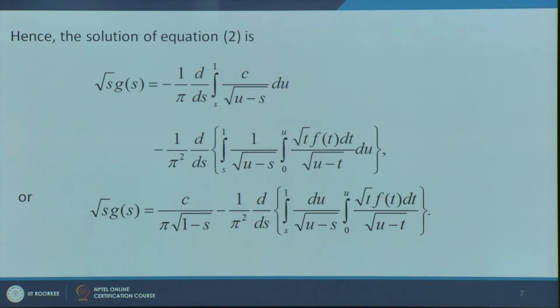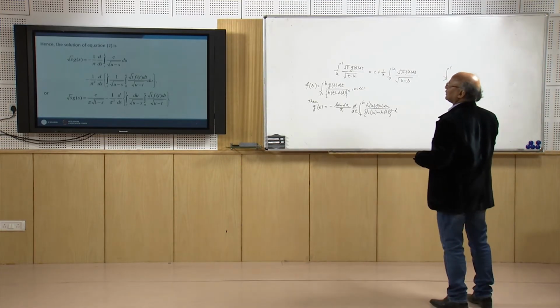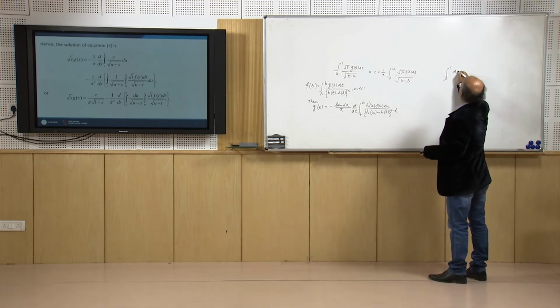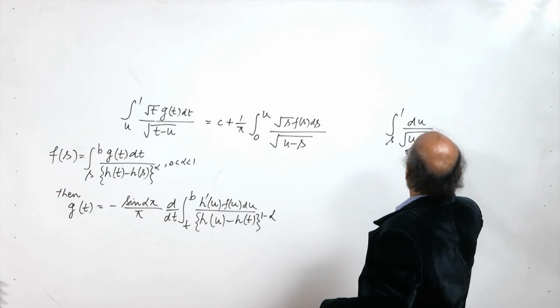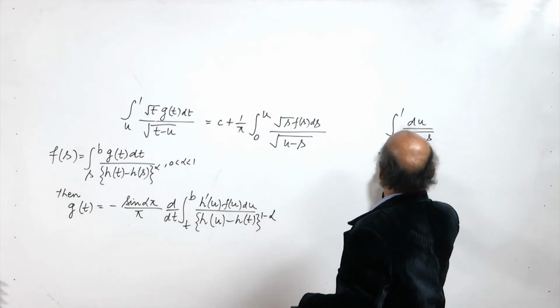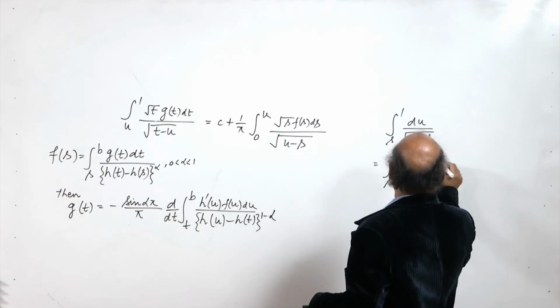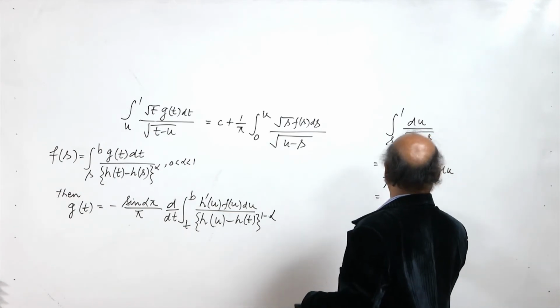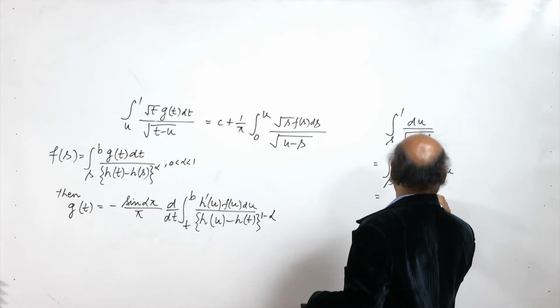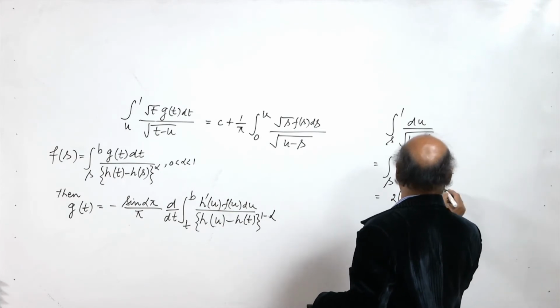So you can see how we come here: c upon root pi root 1 minus s. Integrate s to 1 du upon square root u minus s, that is, s to 1 u minus s to the power minus half du. After integration this gives u minus s raised to the power half divided by half, so that is 2 times this.